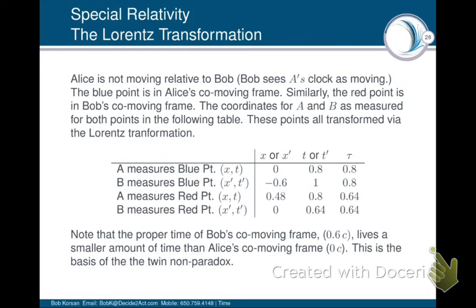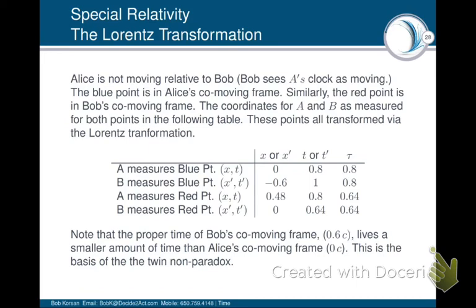Now, because relative to Alice, Bob is moving at velocity 0.6c, his proper time, the time he actually has going on in his heartbeat or whatever else, is the proper time.